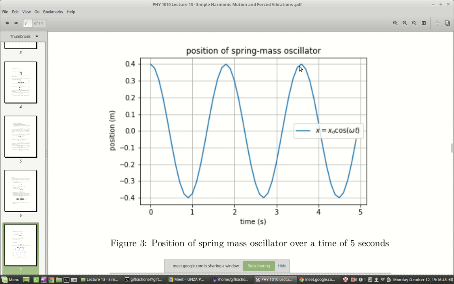And that's why x is equal to x naught cos omega t has got cosine in it, because the movement of the mass back and forth about the equilibrium position looks like a cosine function when you measure the time.